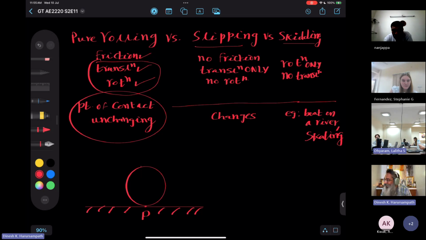Maybe you can just explain once again what it is that you are not comfortable with in this statement. I understand what you just said. I get that during the rolling, because of friction, it's fixed at one point as it goes over. But what I don't understand is, if it is pure rolling, then the ball is moving relative to the surface.